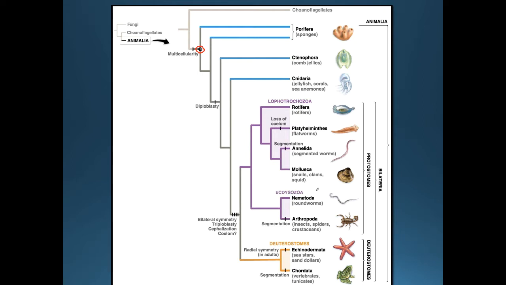All animals are multicellular, and it's important to remember that the ability to be multicellular arose several times throughout evolution. However, when we think about the animals, the evidence suggests that it only arose once, that this one common ancestor led to the diversification of all of these animals listed in the rest of the phylogenetic tree. And as we mentioned in the last video, that does of course mean that animals are monophyletic.